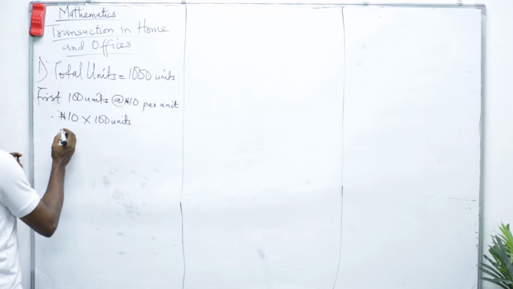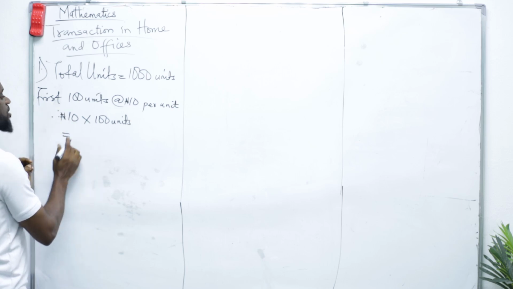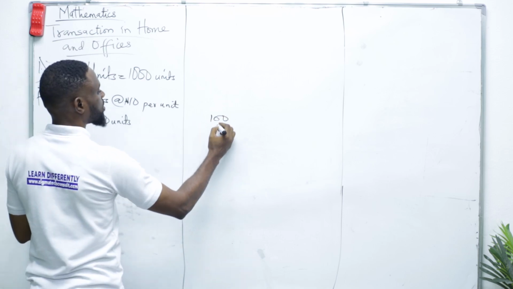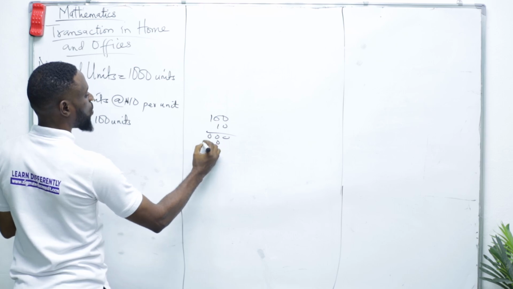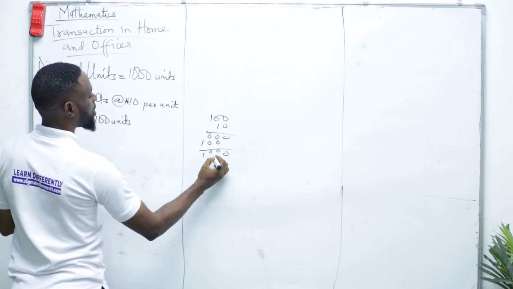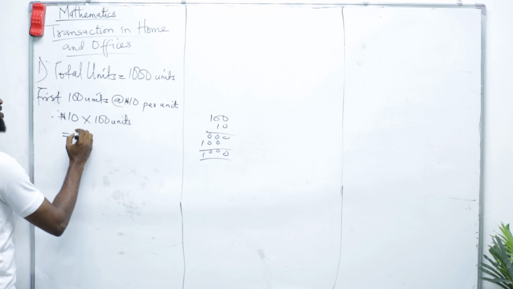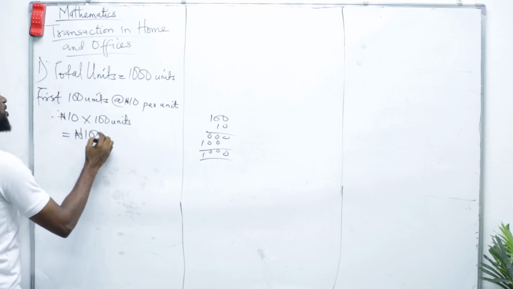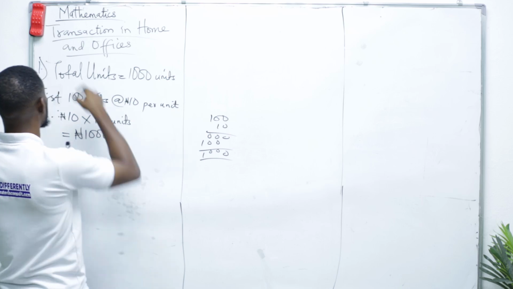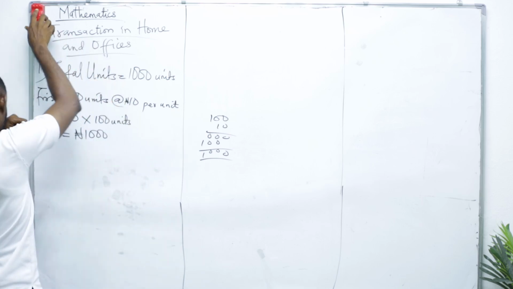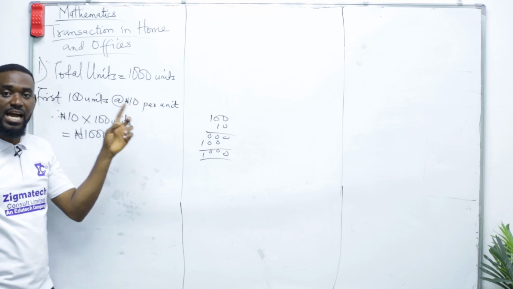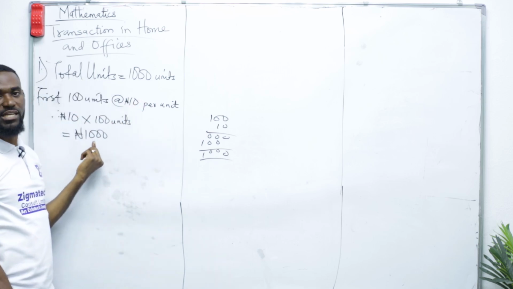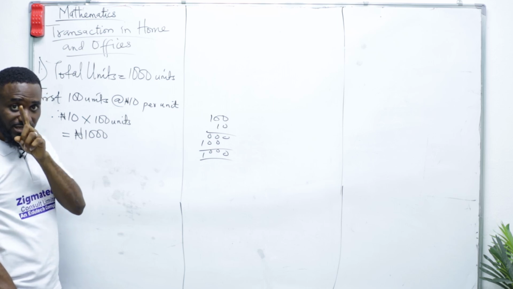That will be 10 times 100, which is 1,000. So this is 1,000 naira. What this simply means is that for these 100 units, the bill is 1,000 naira.